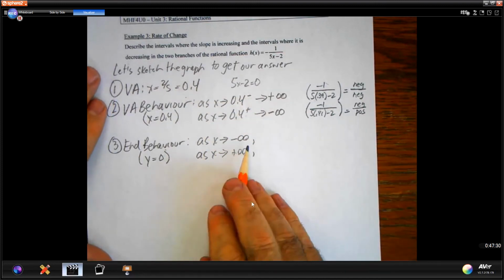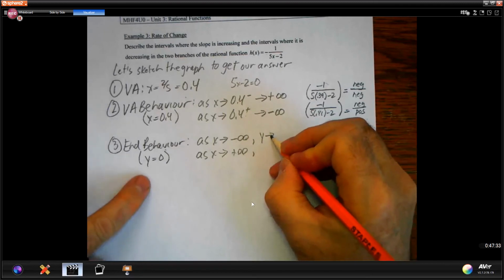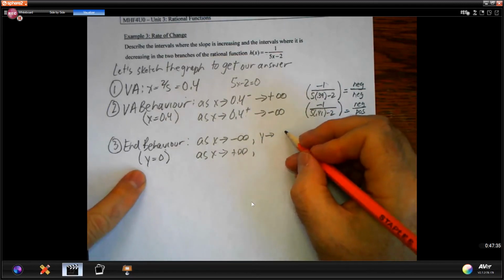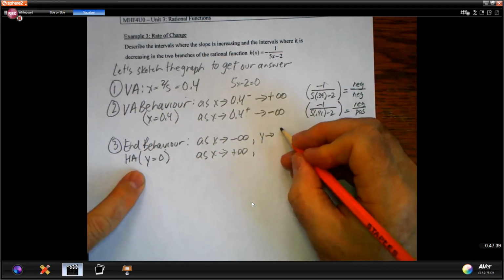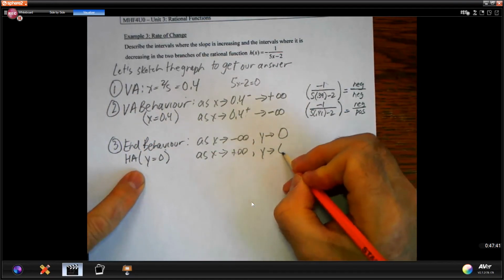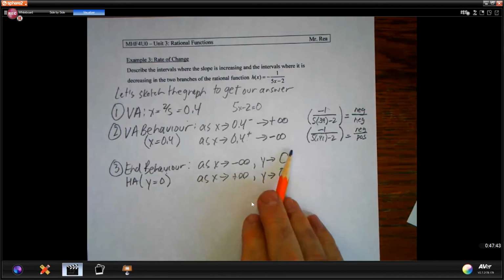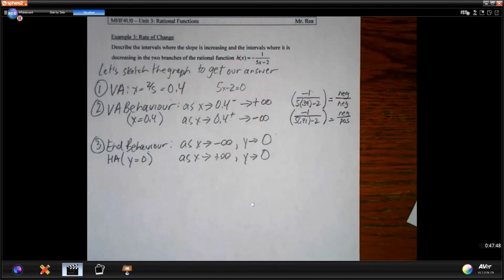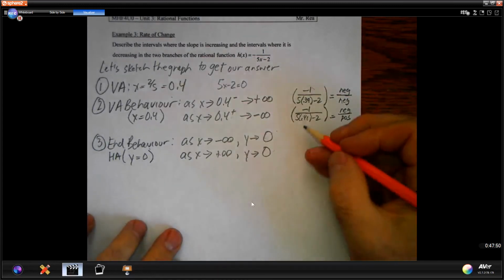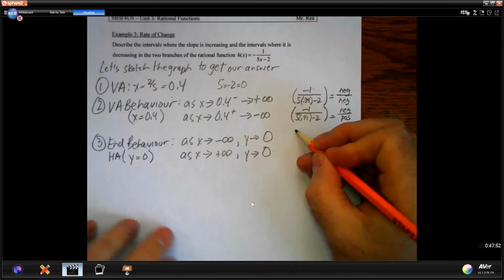Well, we know y will be approaching 0 because that's where the horizontal asymptote is. But again, we're just looking, is it coming from the top or the bottom? So we're going to add a plus or a minus sign on each of these, and the way we determine that is by a little calculation again.